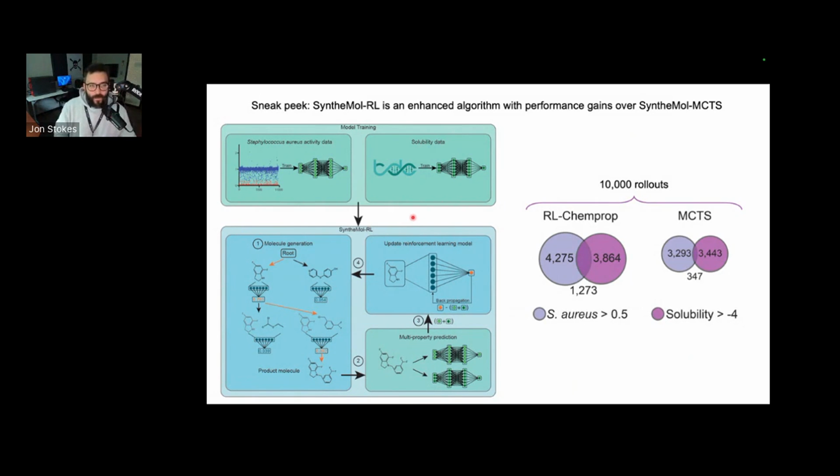One thing we've already done is we've improved the synth-mole architecture. So synth-mole, the original version, was built using a Monte Carlo tree search-based method through which various molecular building blocks were prioritized to make molecules. However, that is slightly suboptimal because MCTS can't generalize its learning across similar building block structures, right? MCTS does not learn the chemical structures of individual building blocks during the molecular generation process. All it knows is to travel to different nodes, right?